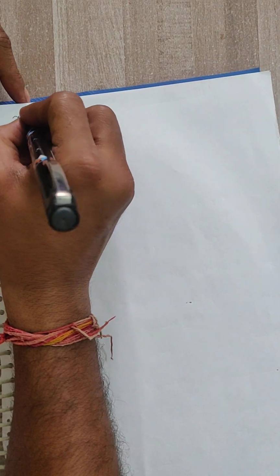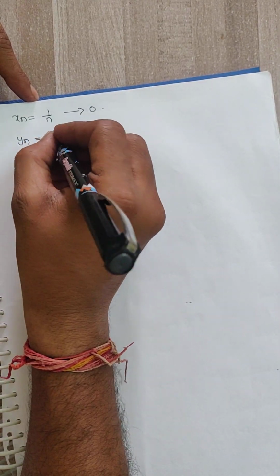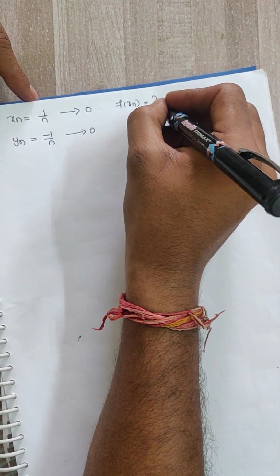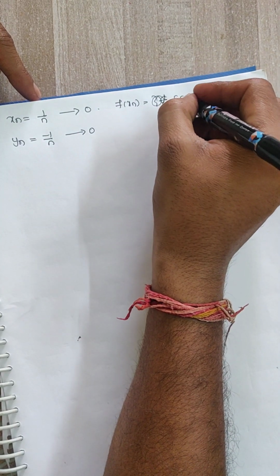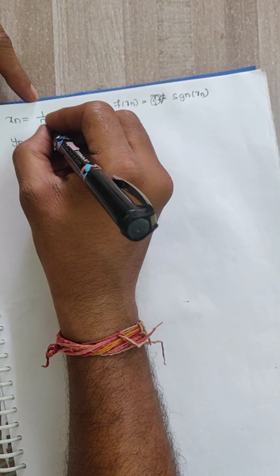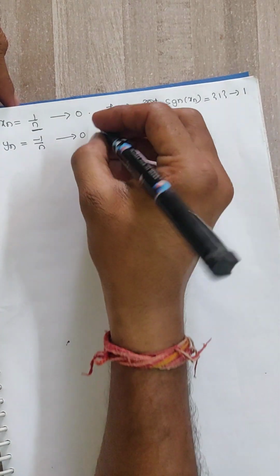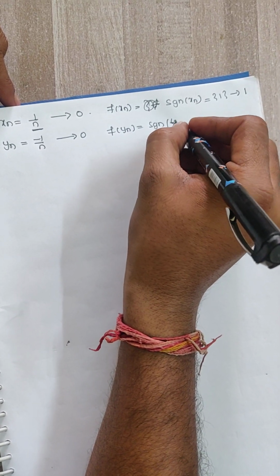So I have to show that limit x tends to 0 does not exist. So again I will find two sequences x_n and y_n converging to 0, but f of x_n and f of y_n converge to two different limits. Here simply x_n I will take equal to 1 by n, converges to 0. y_n I will take as minus 1 by n, this also converges to 0. What is f of x_n? Nothing but signum of x_n, and x_n is positive because it is 1 by n. That's why this is nothing but 1, a constant sequence, converges to 1. f of y_n is nothing but signum of y_n, and that is a negative number.